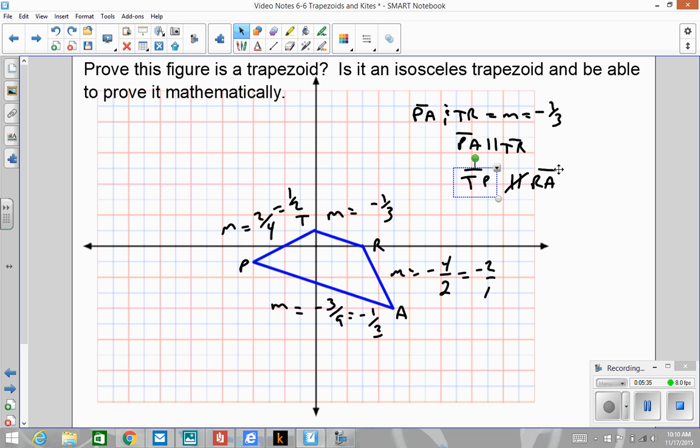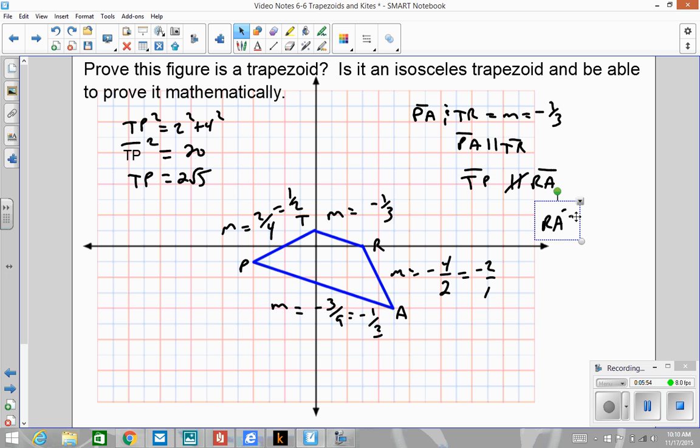If my sides were 2 and 4, then TP squared is equal to 2 squared plus 4 squared, so TP squared is equal to 20, and TP is equal to 2 square root of 5. RA squared is equal to 4 squared plus 2 squared also, so RA is also equal to 2 square root of 5.